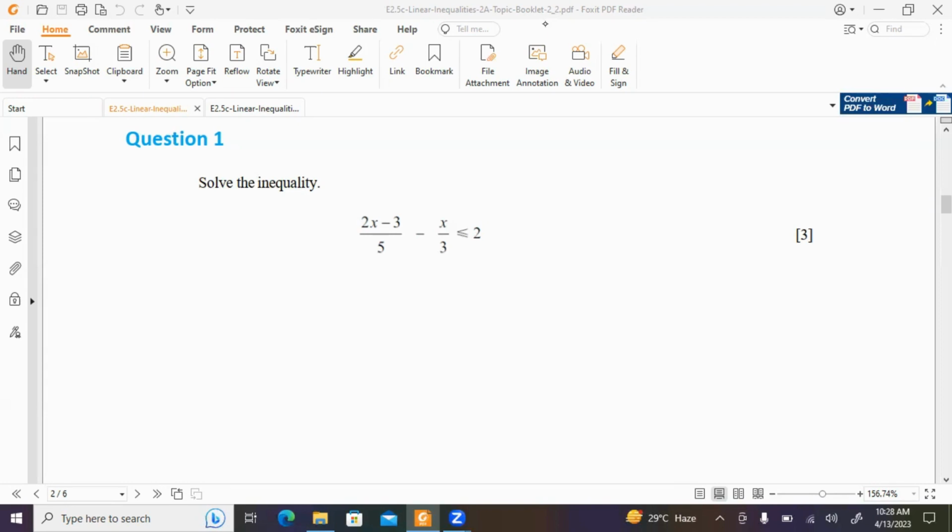For those who still struggle with understanding which is greater or less, this is greater, this is less, this is greater than or equal to, and this is less than or equal to.